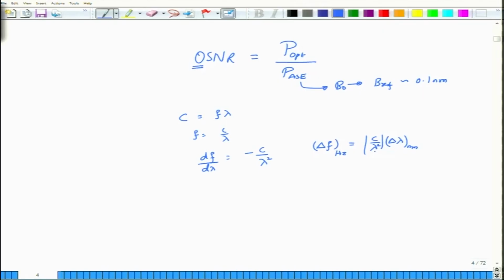So you express lambda in nanometer, c in meters per second or nanometers per second, and you can use this formula to find the appropriate value of the bandwidth in hertz. It turns out, and I will leave it as an exercise for you to show, that this is roughly 12.5 gigahertz. So 0.1 nanometer corresponds roughly to 12.5 gigahertz.